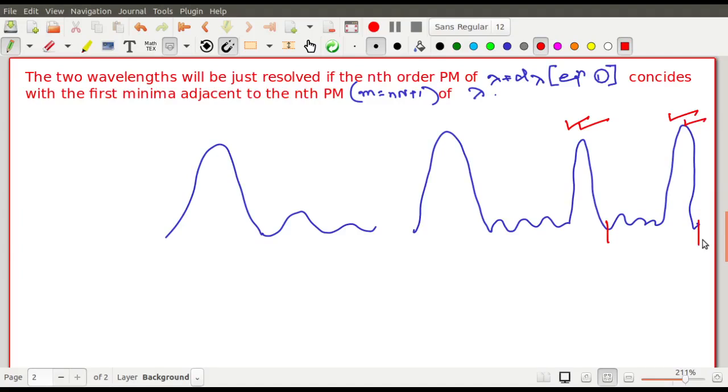In general, principal maxima means the zeroth order, but the grating case is a little different. In the grating you know there are many principal maxima, not only one. So for the case of grating, the first minima that you consider is with respect to this one.